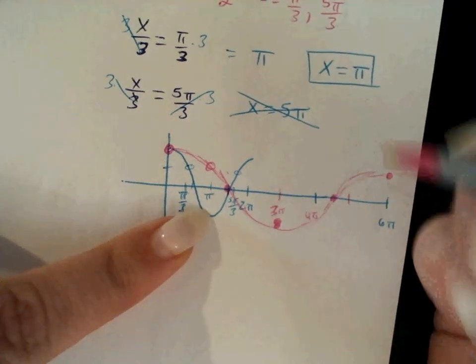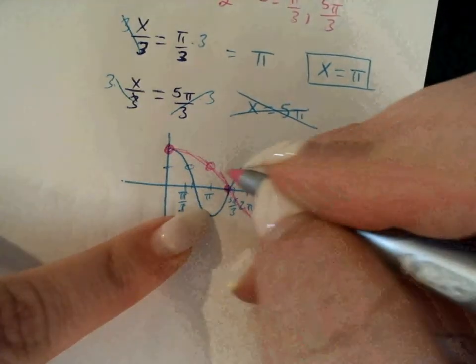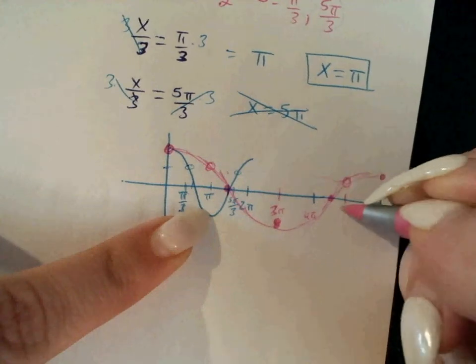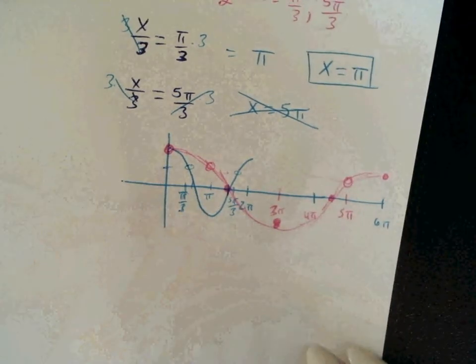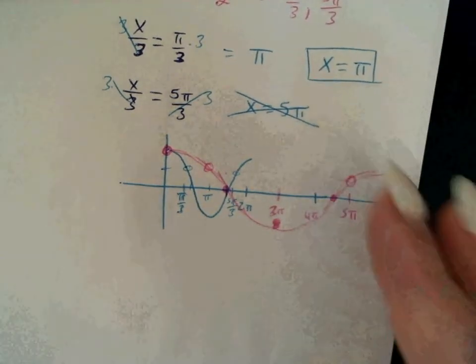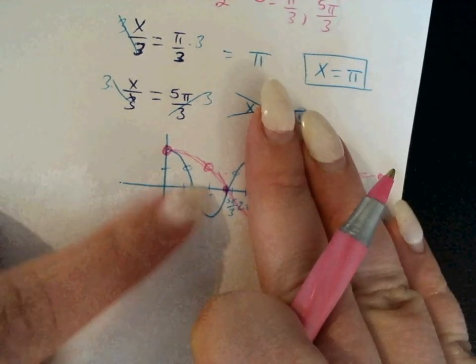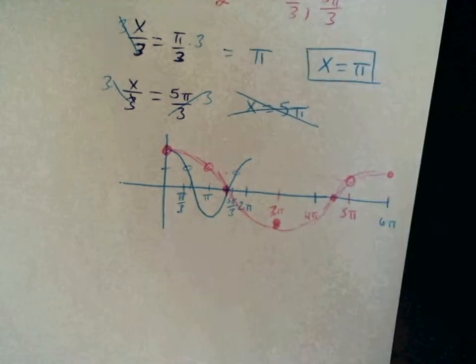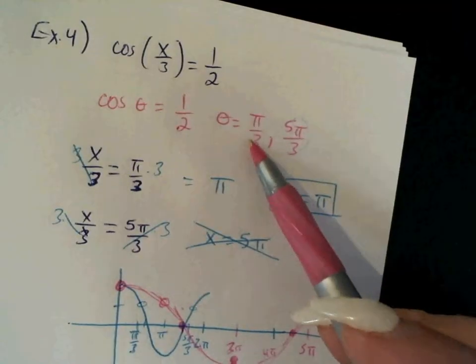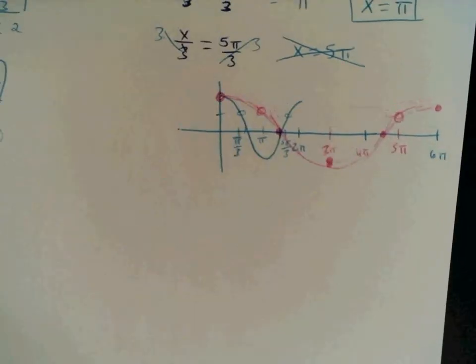Well, it equals 1/2 here at pi, and here at 5 pi. But 5 pi is outside my window because I only want to find answers from 0 to 2 pi, so my answer is just pi now. Okay? It's the original answers multiplied by 3. I hope that makes sense a little bit.